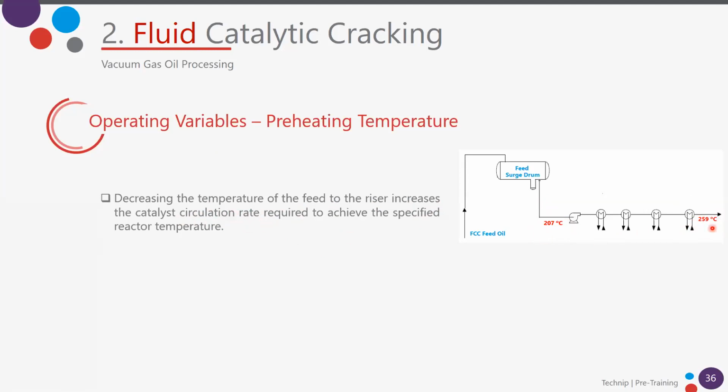Because here we will have to provide more heat to the feed. So remember that the heat is provided by the catalyst. So if we need more heat, we will have to increase the circulation of the catalyst. So we will have to open the catalyst circulation to the reactor more.